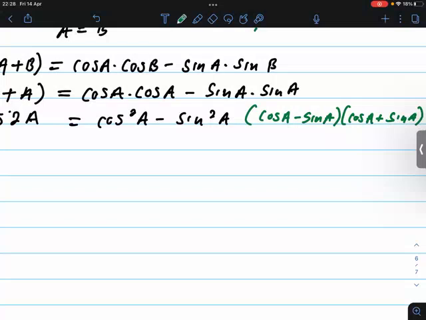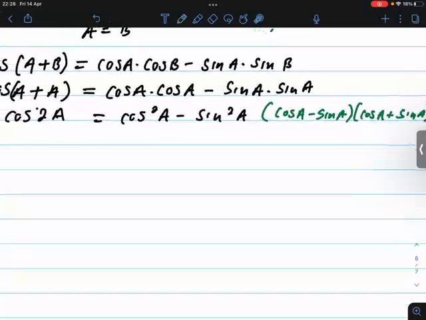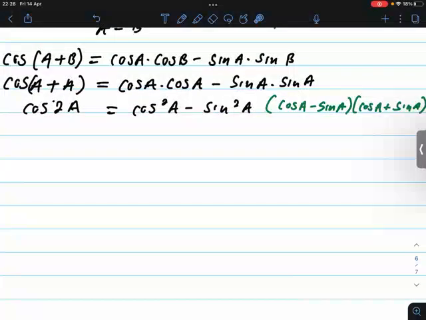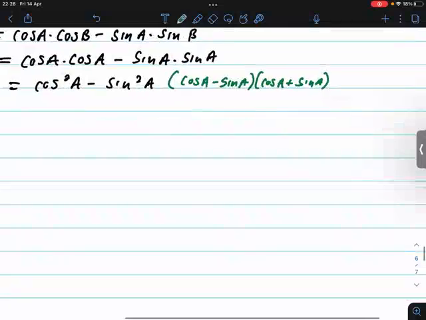Now, cos does not have one identity. You know, it's cos squared A minus sine squared A. But then I want you guys to remember these ones. Do you guys remember that sine squared A plus cos squared A is what? 1.